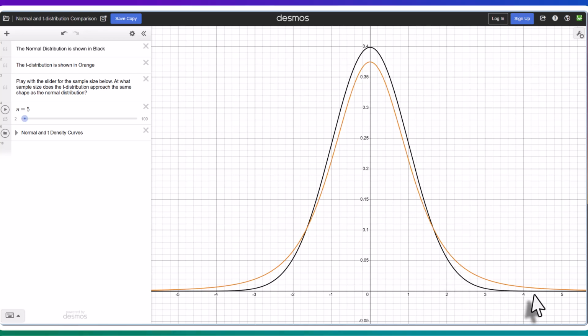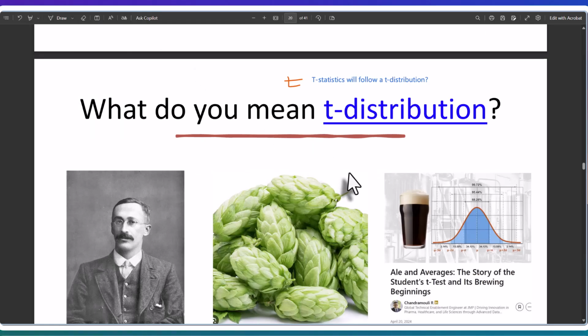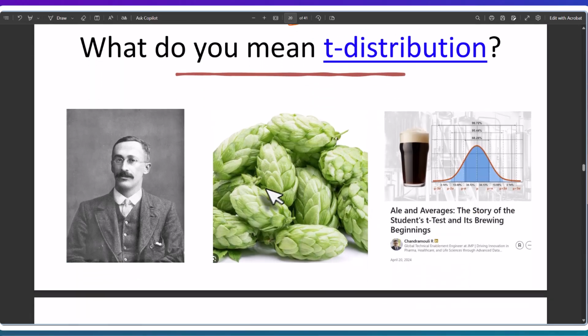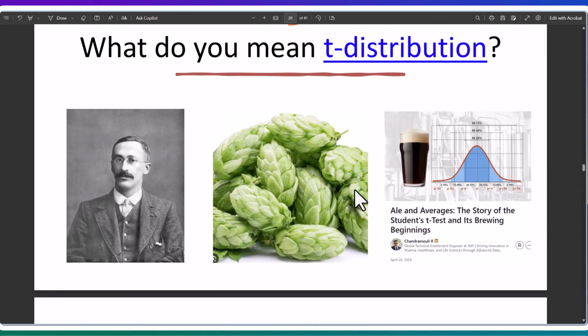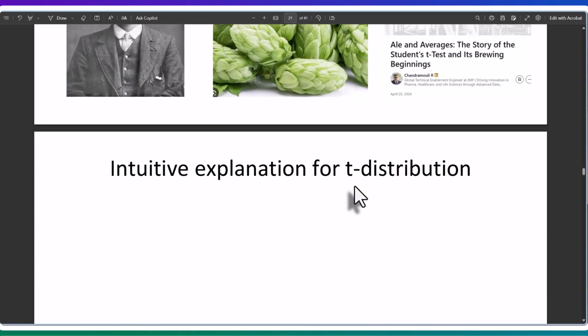So extreme values, values greater than 2, are more likely to occur in small studies in this t-distribution. This is related to Guinness. I'm not going to get into that, but essentially we can thank Guinness for realizing that in small studies, extreme values are likely to occur.